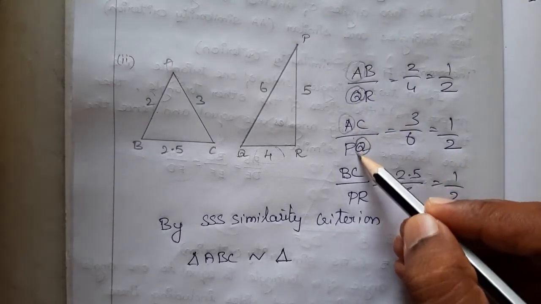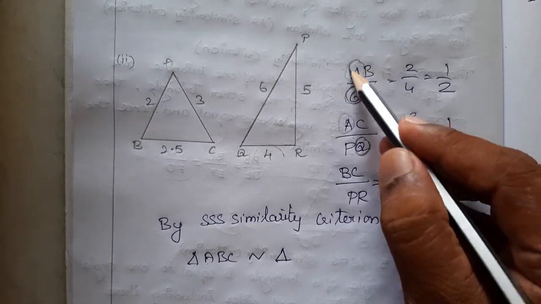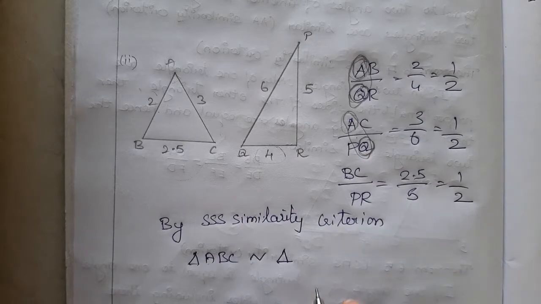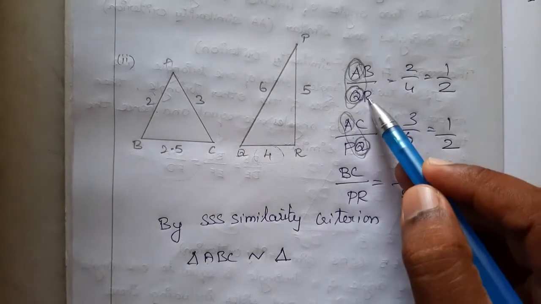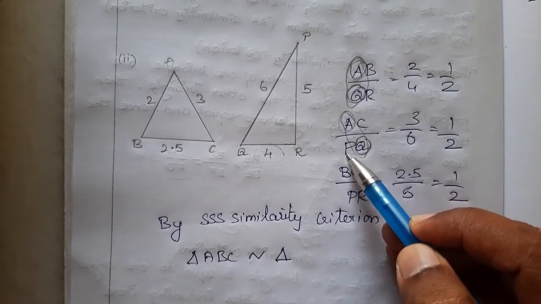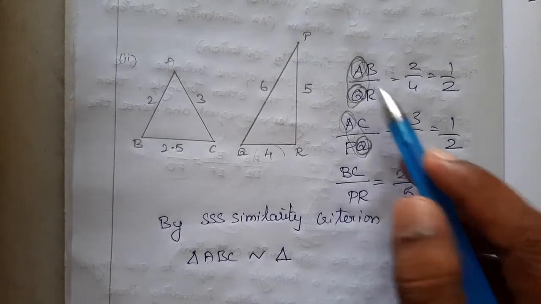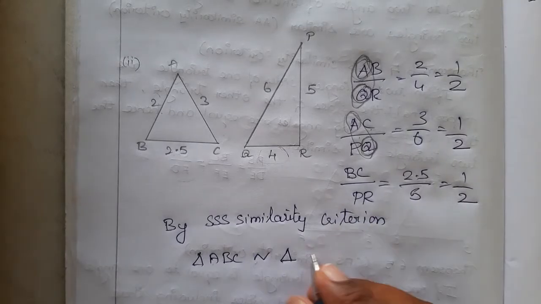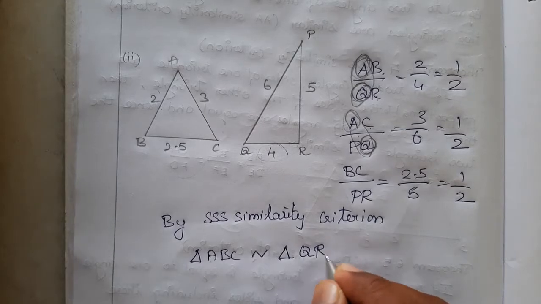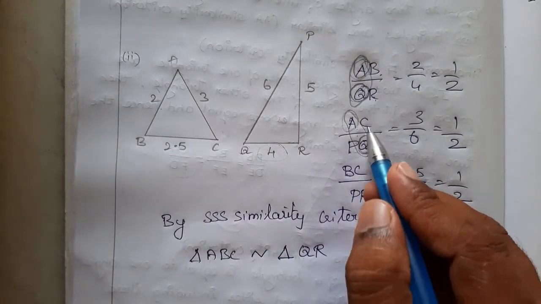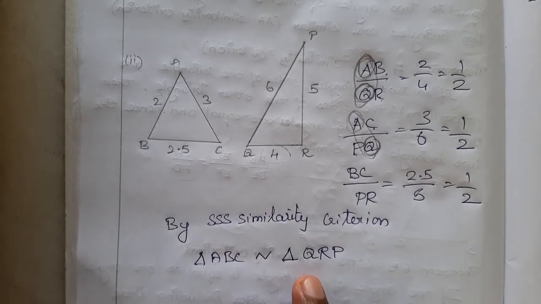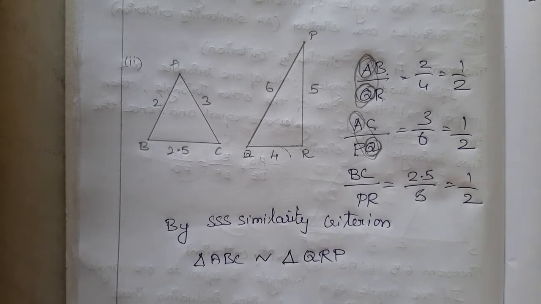Then A should correspond to the point Q. So with the help of this we can say that A and Q correspond, then B corresponds to R, and C corresponds to P. This will be easy. Just compare both and you will get it. So in the A place you will get Q, in the B place you will get R, and the corresponding point for C is P. Clear? So triangle ABC is similar to triangle QRP.